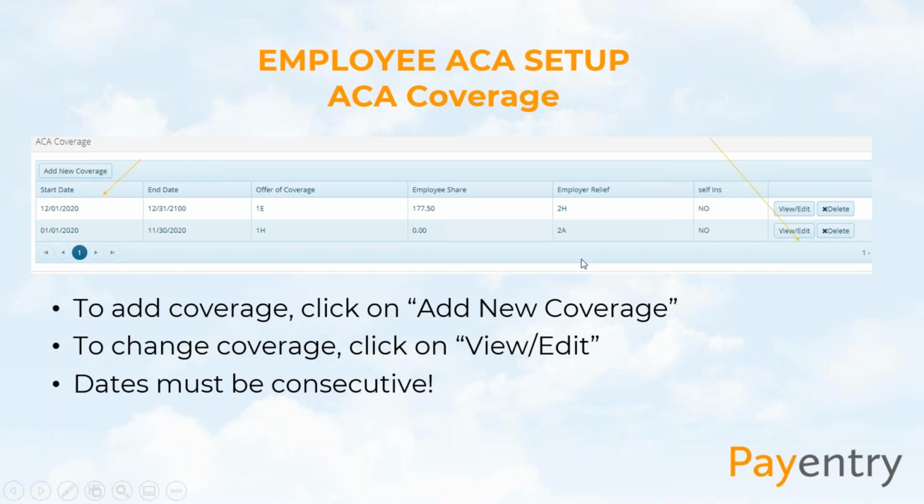One thing to remember on this chart, the dates must butt up to each other. They must be consecutive. So if you stop one, let's just say this one went from 1/1/2020 to 11/15/2020, and then you start over again with 12/1, you're going to get an error message when you try to run your reports.